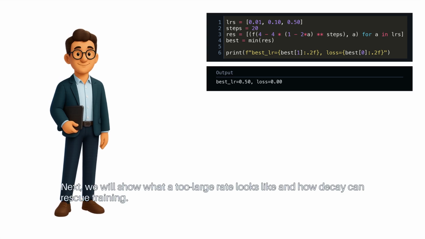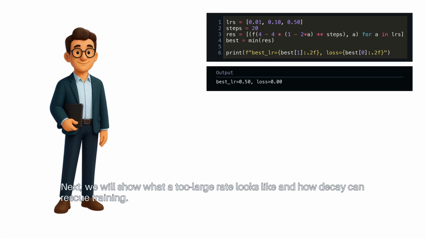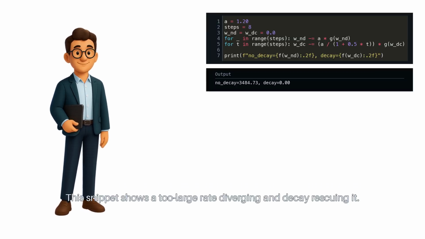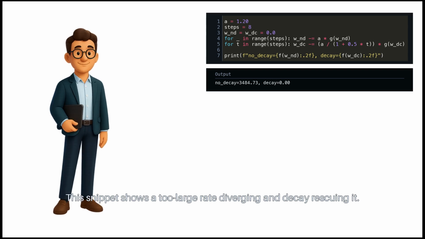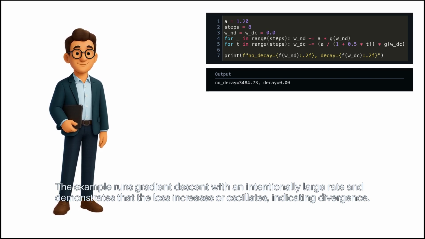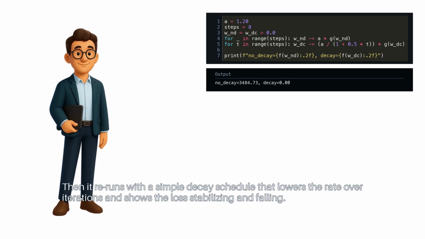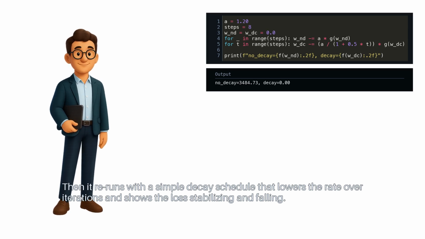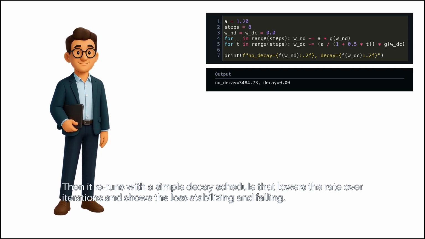Next, we will show what a too large rate looks like and how decay can rescue training. This snippet shows a too large rate diverging and decay rescuing it. The example runs gradient descent with an intentionally large rate and demonstrates that the loss increases or oscillates, indicating divergence. Then it reruns with a simple decay schedule that lowers the rate over iterations and shows the loss stabilizing and falling.